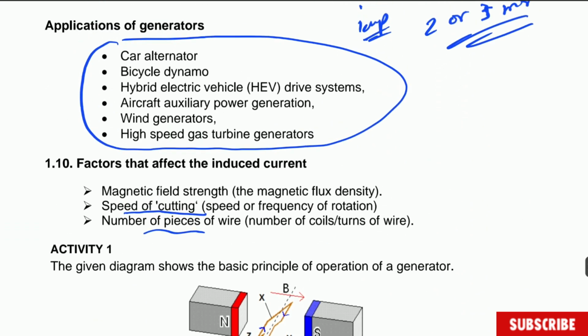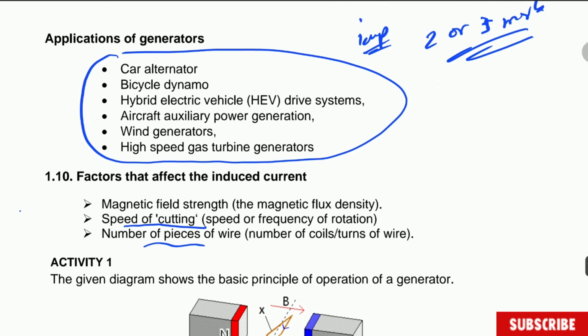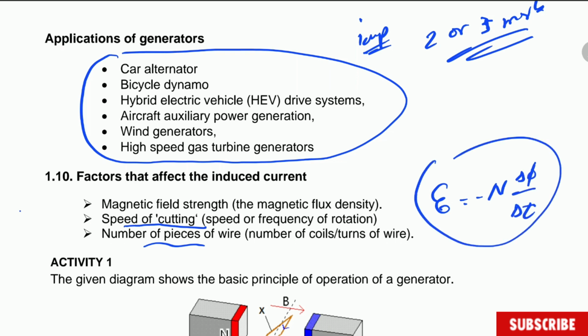Now, this one is coming from Faraday's law. If you remember the equation, let's just write it here. You are not going to use it, I think, but in this equation you will see the relation. The strength of the magnetic field has to do with how strong the magnet is, but this one is the rate at which magnetic flux is changing.